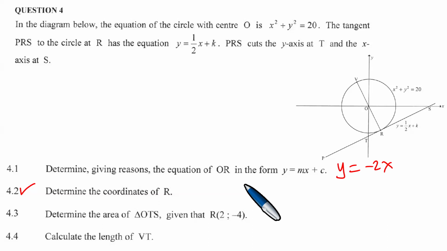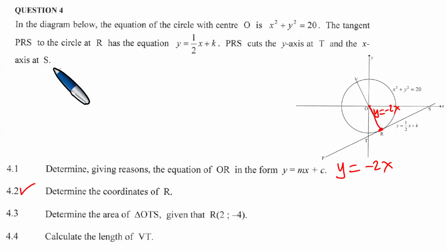Right, so R is a point of intersection. OR has this equation, y equals minus 2x, but this one is a circle, and it has an equation that intersects OR at the point of contact where this circle meets the radius. So it is a point of intersection. You have two equations, and you need to just solve these two equations simultaneously.